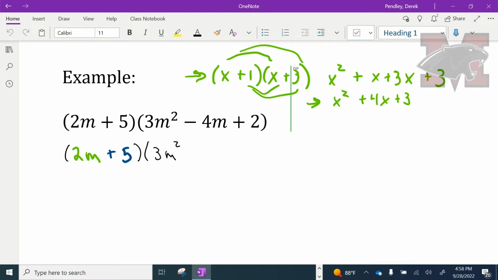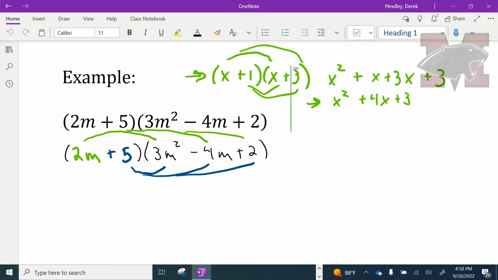So I need to multiply everything inside this second parentheses by 2m. But I also need to multiply everything in this parentheses by 5. So I'm going to end up with 6 different terms that I'll then have to simplify. So I'm going to write this out so you can see it.